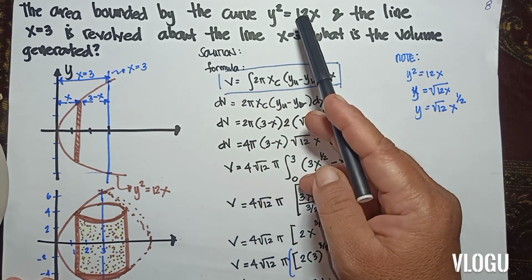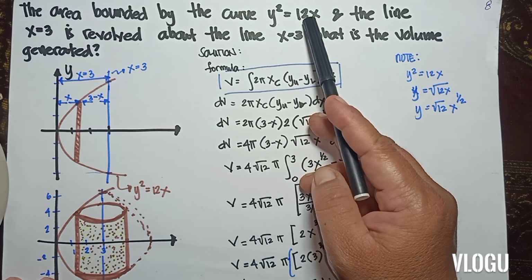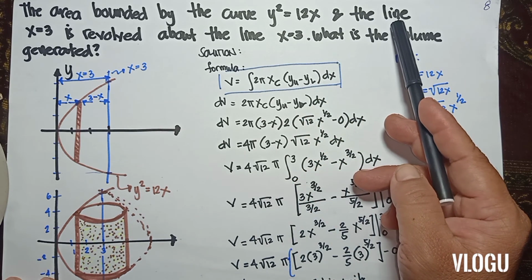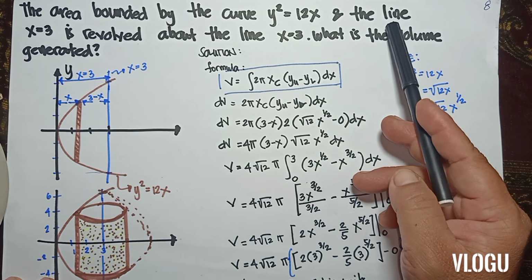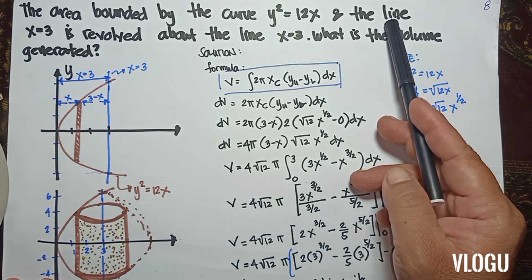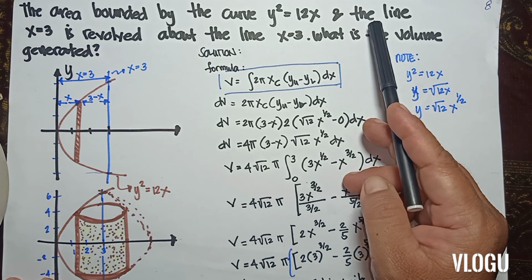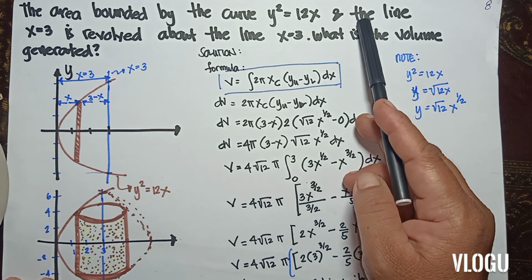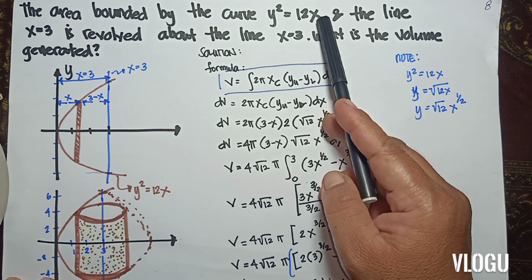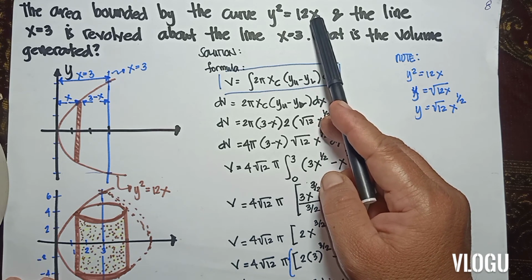Now the point of intersection. It will intersect because your other boundary is x is equal to 3. So if x is equal to 3, you will have y squared equal to 12 times 3, that is 36.